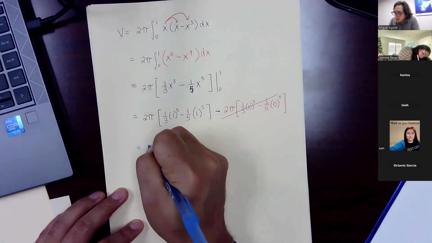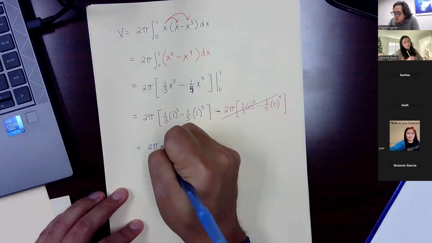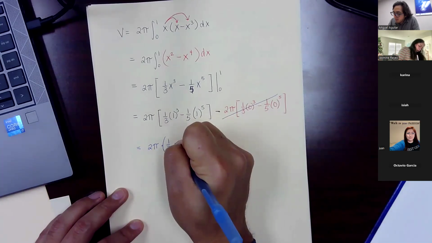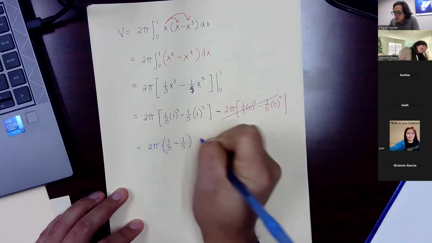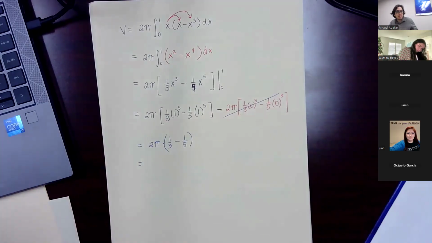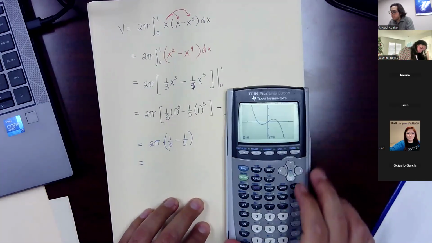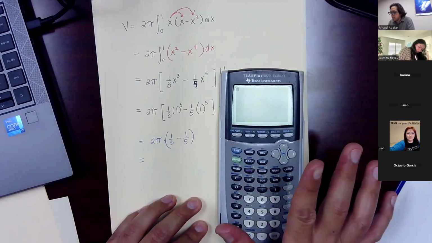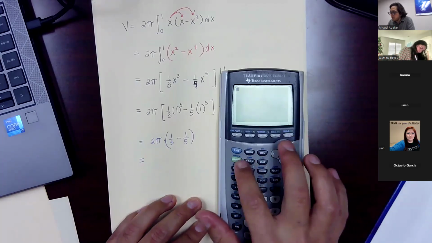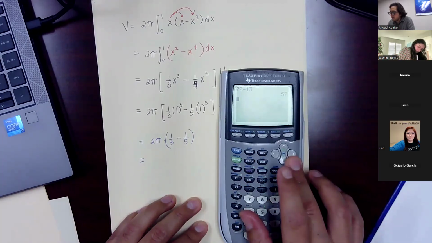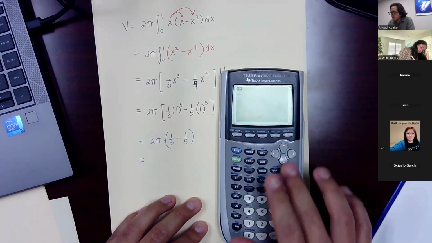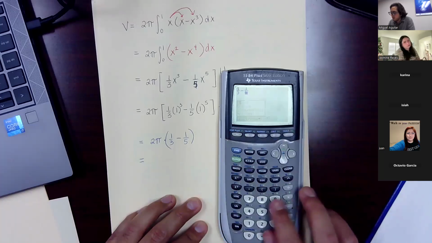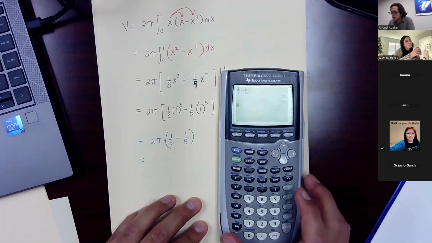So we're just really looking at 2 pi times 1/3 minus 1/5. And we'll just throw that in the calculator. I'll leave the 2 pi by itself. I'm just going to do the fraction part first. 1/3 minus 1/5 is 2/15.